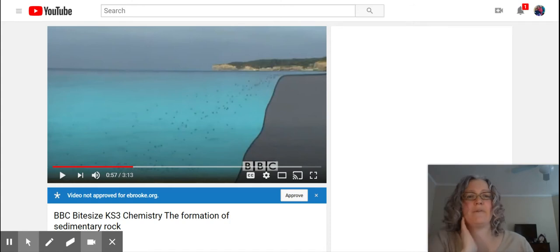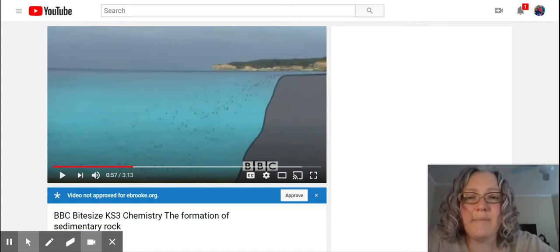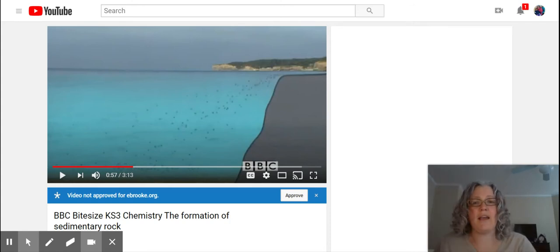We talked about how sediment is formed. We've talked about how glaciers and water, the sand that's in water and the sand that's in wind, can break down rock into sediments. Then we've talked about how those sediments all get brought downhill by the river.